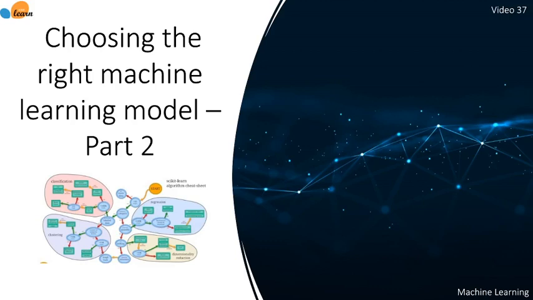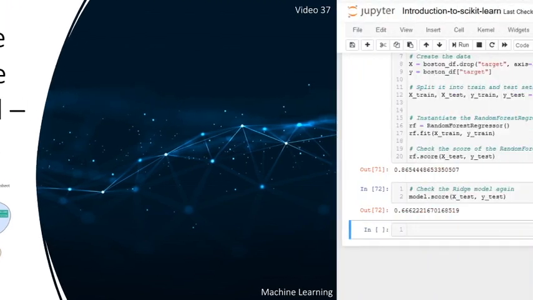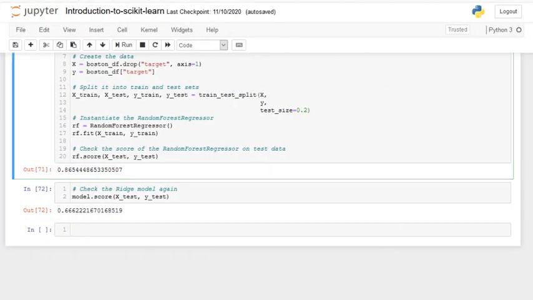In this video we are going to learn how to choose the right machine learning model for classification. Last time we did regression, now we're doing classification. So let's start. This is where we left off last time.